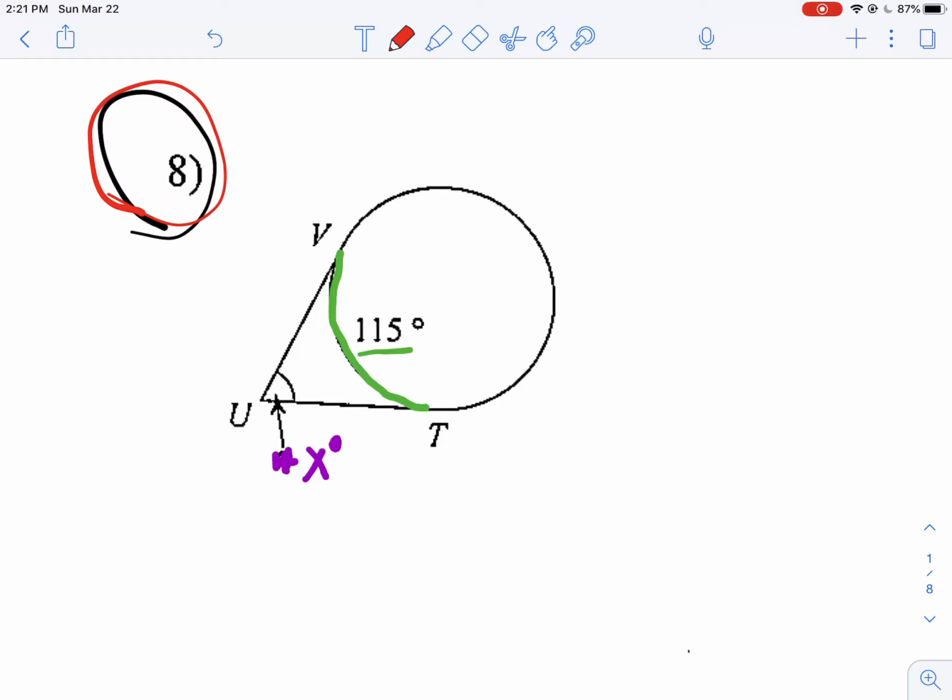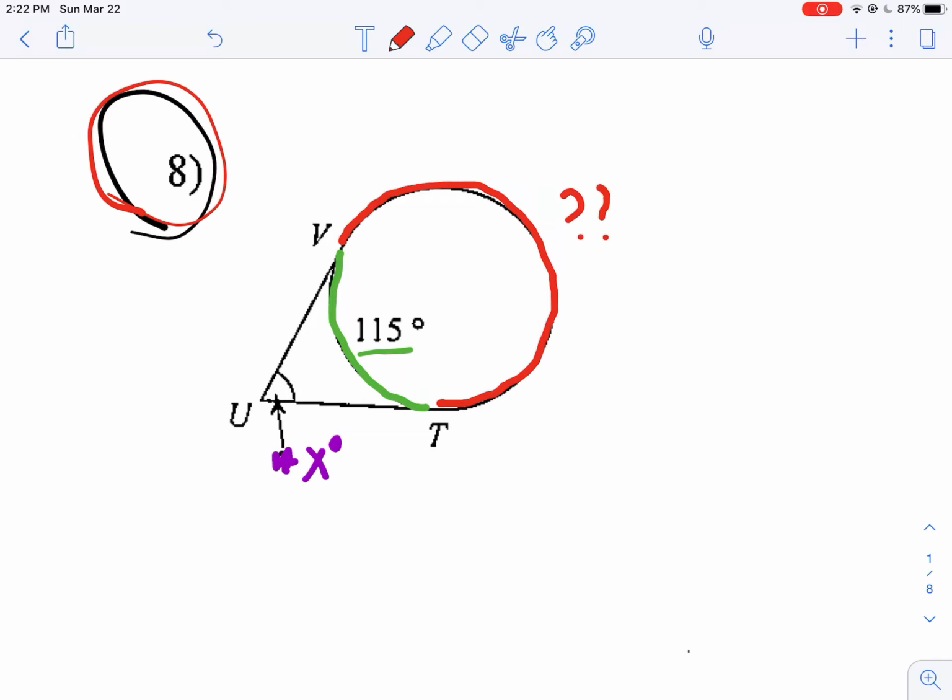Now, these are 2 tangent lines here. This line here, and this line here. Okay, so I have 2 tangent lines, and they cut the circle into 2 arcs. I have the green and I have the red. Now the red is going to be my big arc, but the question is, what does it measure in degrees?